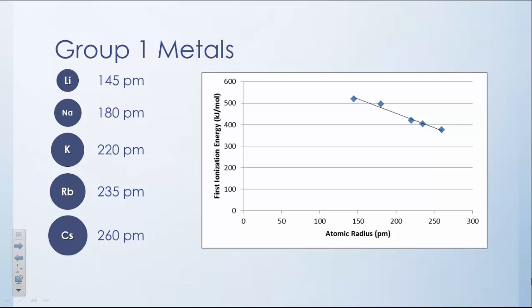And in fact, if I chart the ionization energy on the y-axis versus the radius on the x-axis, I can see a correlation between the ionization energy and the size. So the electron for cesium that I'm removing is very far away from the nucleus. The electron for lithium that I'm removing is very close to the nucleus, hence the change in ionization energy.